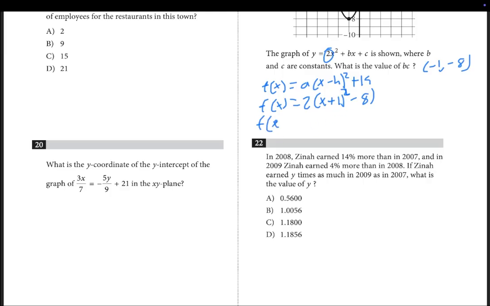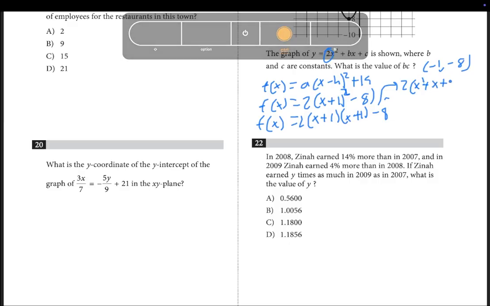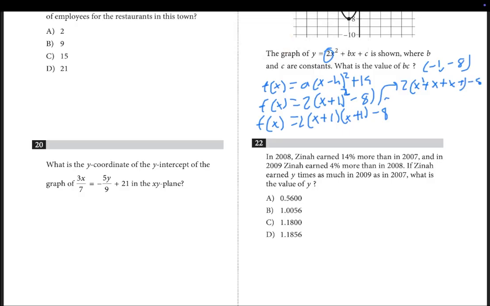So f of x is equal to 2 times x plus 1 times x plus 1 minus 8. That's going to equal 2 times x squared plus x plus x plus 1 minus 8.